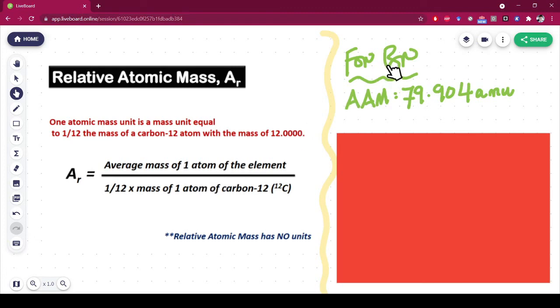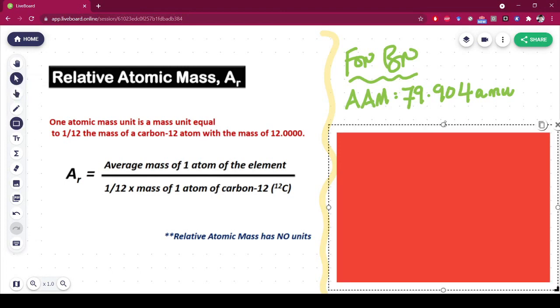Let's take bromine again. Bromine has the average atomic mass 79.904 AMU. So you want to change this into relative atomic mass by using a mathematical approach.